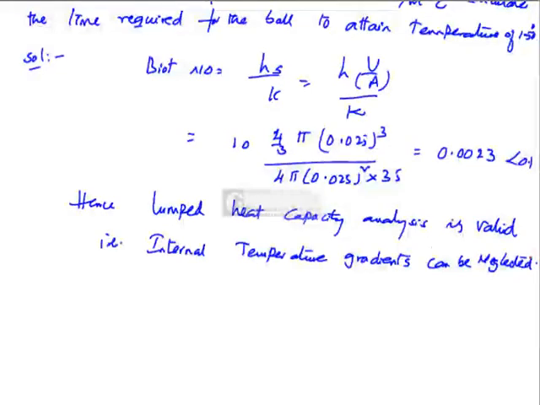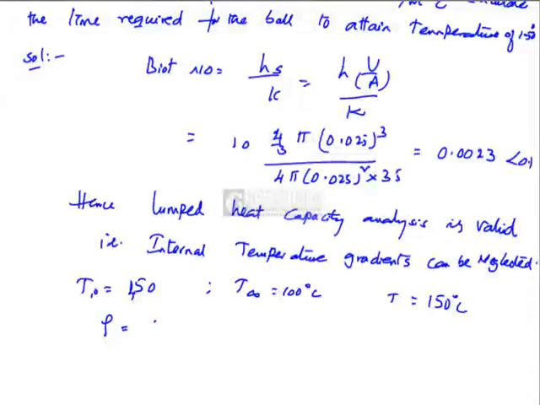Now let us solve the problem. Initial temperature is given as 450 Celsius. Fluid temperature is given as 100 Celsius. The temperature to be reached by the body is given as 150 Celsius. Density is 7800 kg per meter cube.